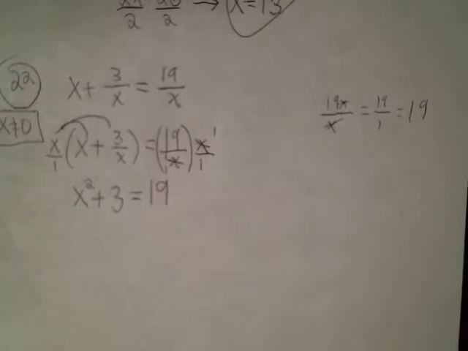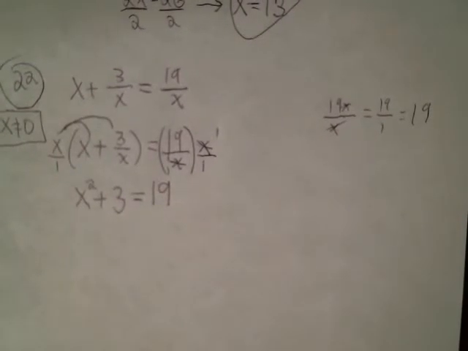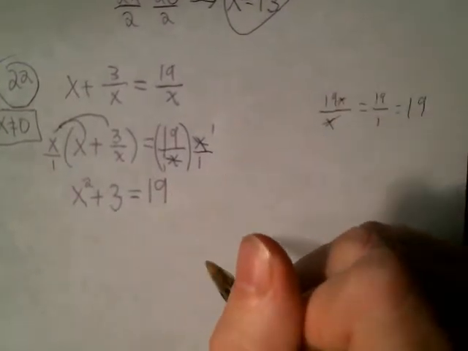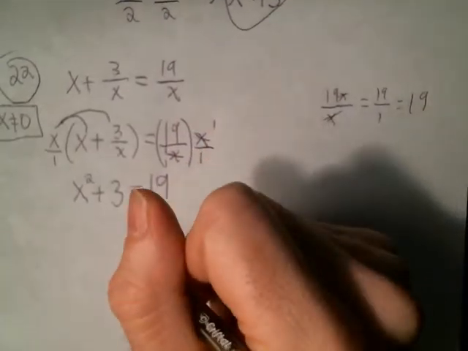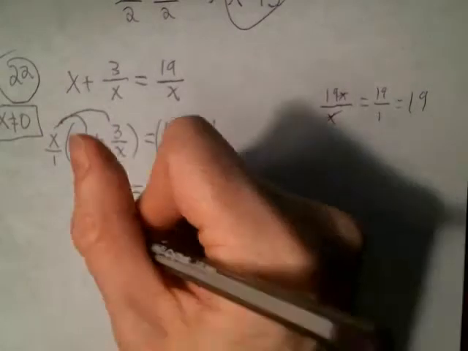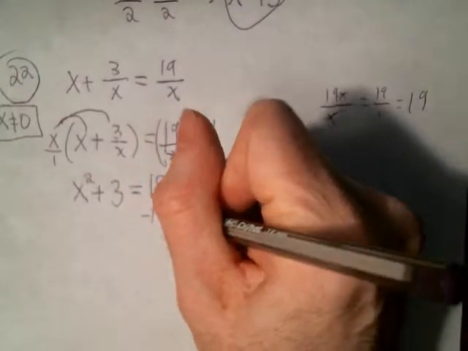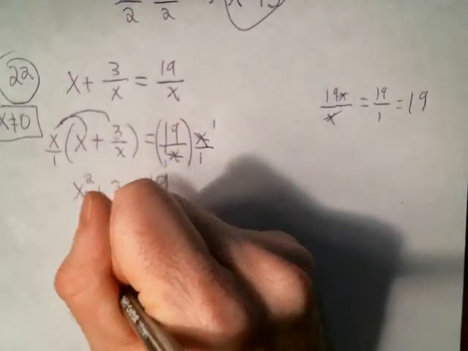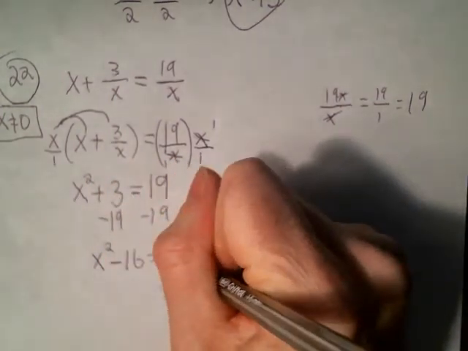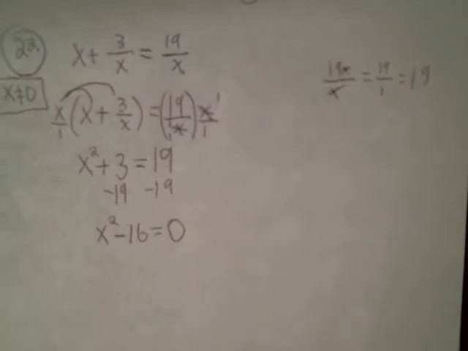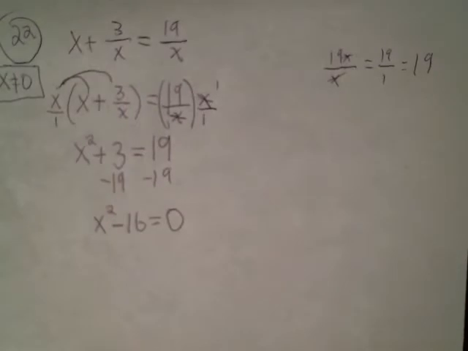Okay, this guy is a quadratic equation, so I want to set it equal to 0. It has that standard form we want. We need to get it equal to 0. So I'm going to minus 19 on both sides. Then you get x squared minus 16 is 0.